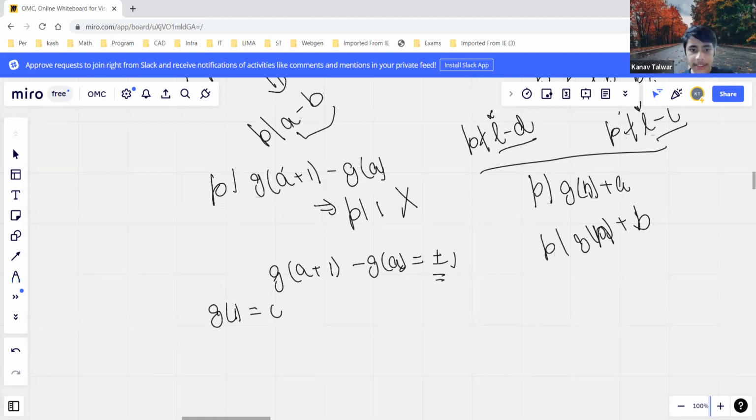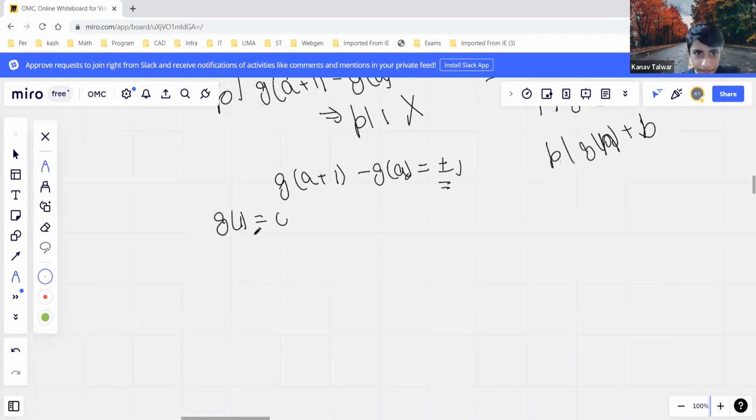So let G of 1 equal C. What we're actually doing from going to consecutive integers, like 4, 5, 6, 8, 9, whenever we're going from G of A to G of A plus 1, we're actually adding plus 1 to G of A or minus 1 to G of A, right?